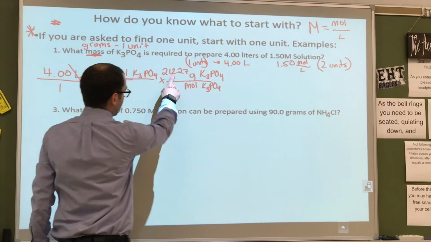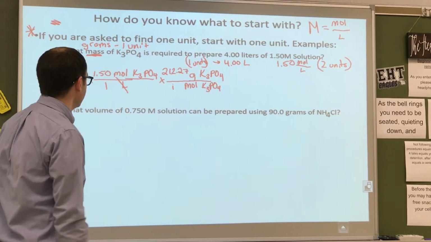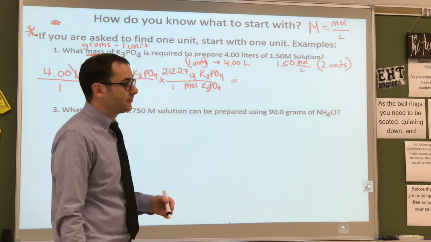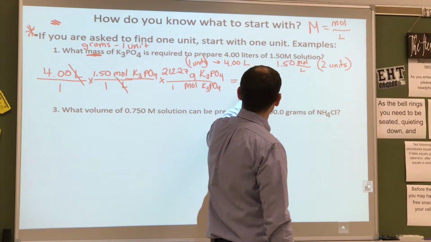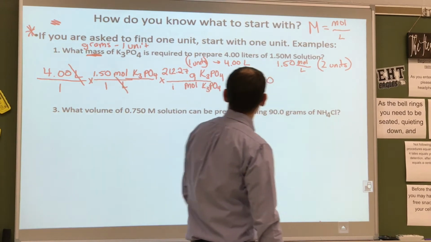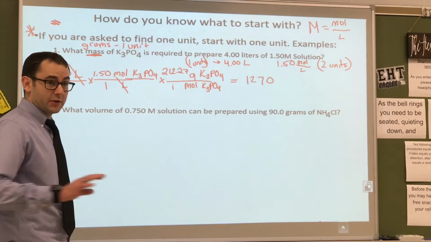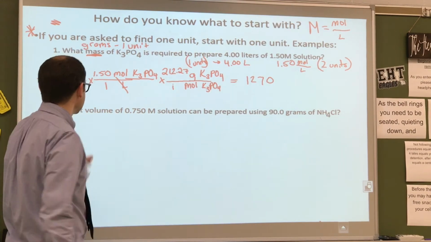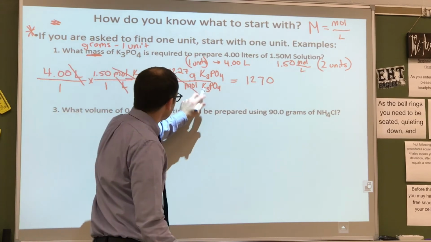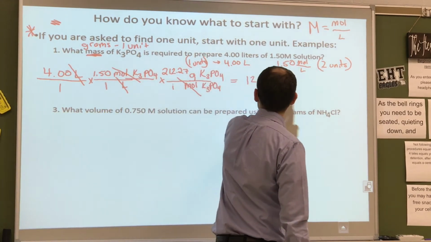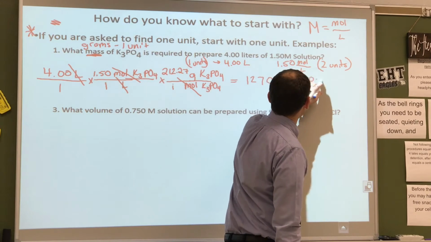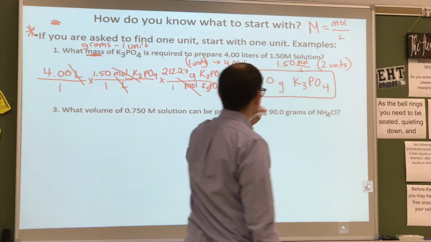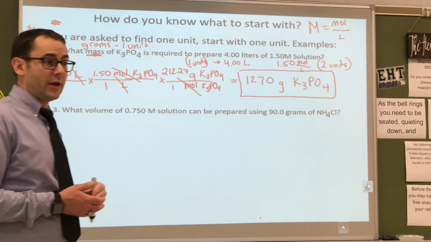Okay, so we get our molecular mass of 212.27, good. And then when we do the math for this, what do we get as our answer? 1270. Okay, 1270, all right, 3 sig figs, right? 1270 is good, okay. Let's talk about what gets canceled out. Moles get canceled out, and then we have grams of K3PO4.